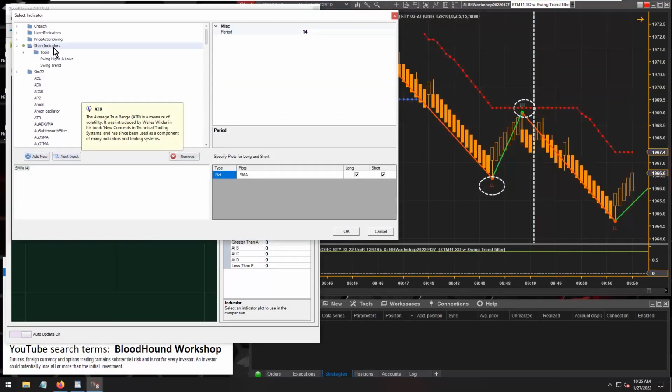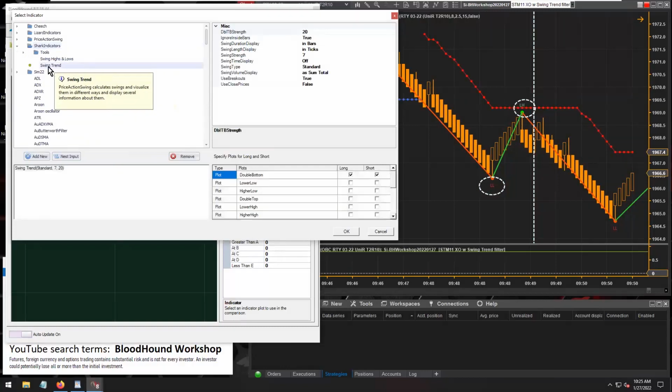So we need to go to the shark indicators folder, and there's the swing trend. All right, we're just using the default settings, with the swing strength of 7, and the swing type set to standard there. So now what we're looking for are the lower lows.